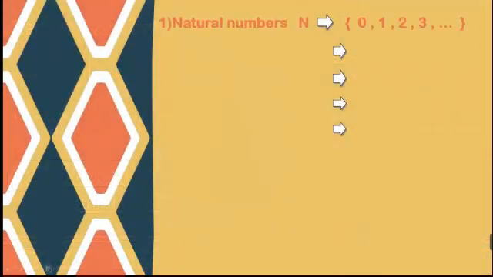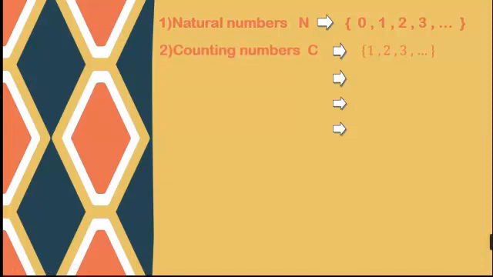Let's start to solve together. Before solving, I want you to know some sets. First one, the natural numbers. The natural numbers start with 0, but I don't know its end. It's endless. You can continue to a million, a milliard, and so on. So this is called natural numbers. The second set is the counting numbers.